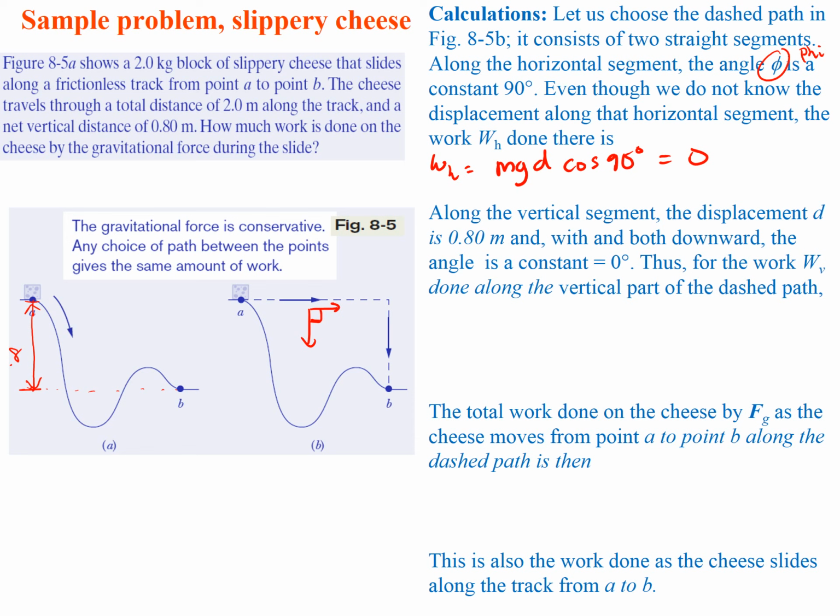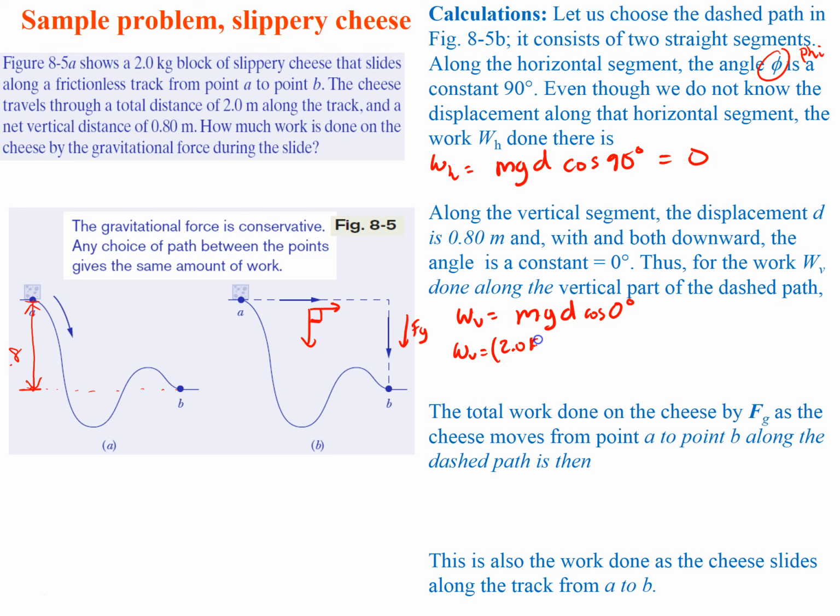Along the vertical segment, the displacement d is 0.8 meters, right? With force and displacement both downward, the angle is a constant 0 degrees, because when you go down, that's our force of gravity and that's also the displacement, so the angle between them is 0. Thus, our vertical work is again mgd cosine of 0 degrees, which is 1.